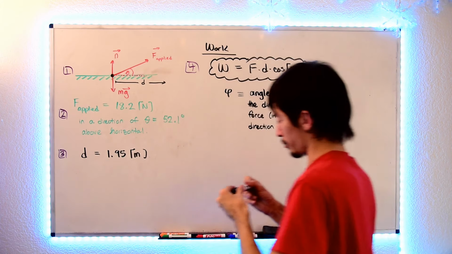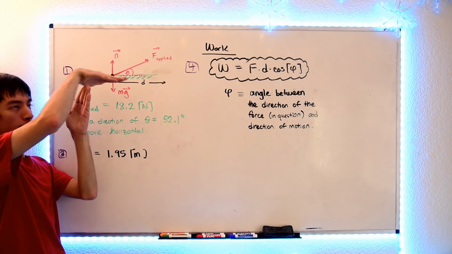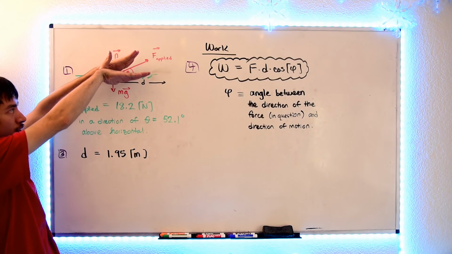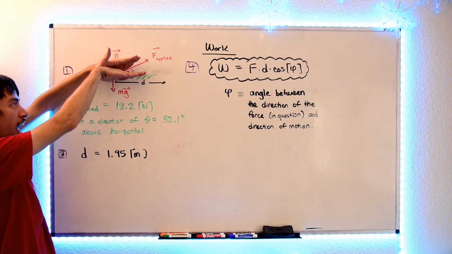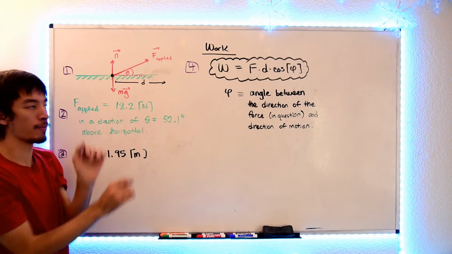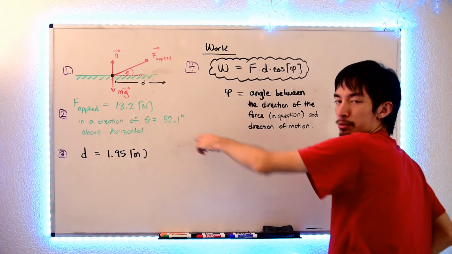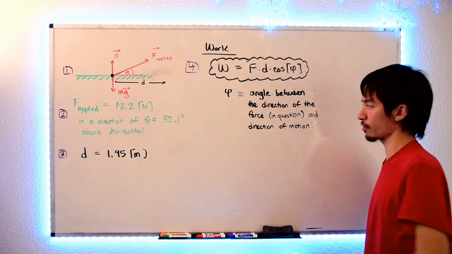In this particular problem, notice that if you put the direction of the movement, which is to the right, and you put the direction of the force, which is here at an angle, the angle between the two directions actually is the angle theta, which is given in the problem. So in this case, it is the 52.1 degrees, but depending on the question, it could be a different answer.